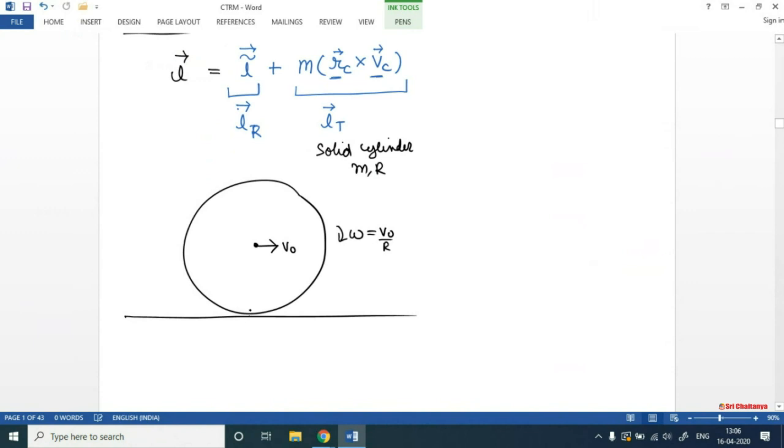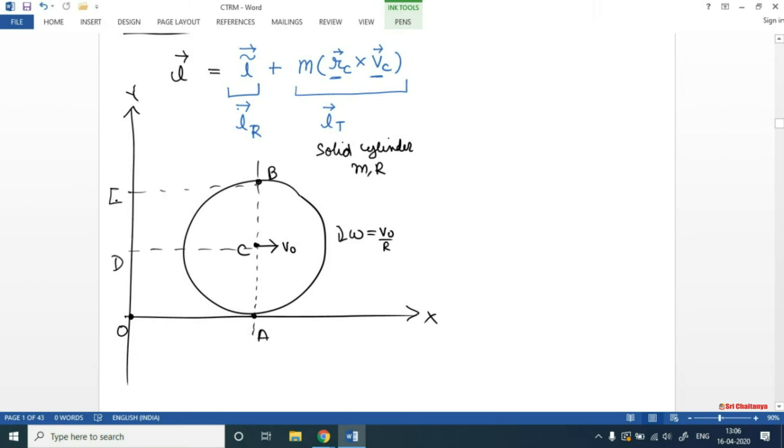So this is undergoing purely rotational motion, and let's have some coordinate system associated with it. So let's say this is the x-axis and this is the y-axis. Let's say this is the origin, and let's have different points here. So let's say this point is A, this point is B, this point is C, and let's have some other points. This point is D and this point is say E.